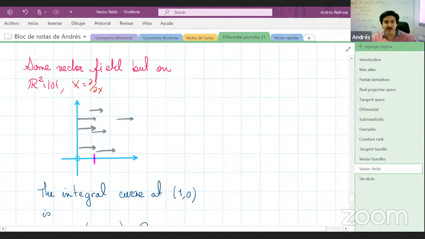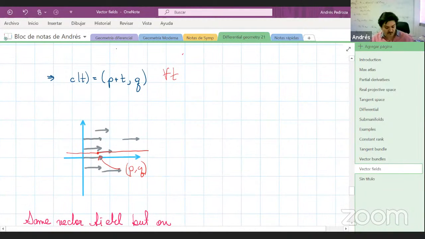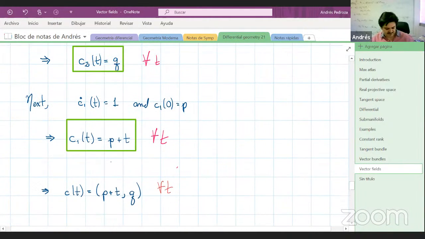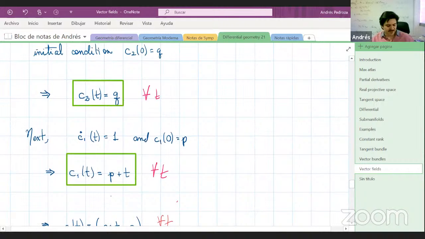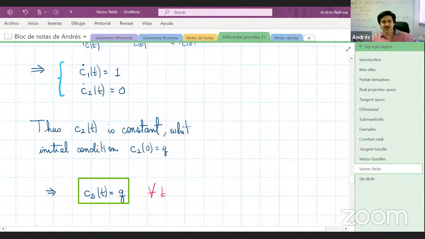Now, also something that you can also know from your previous knowledge, here you use this theorem from ordinary differential equations that if there's a solution and you have an initial point, the solution is unique.